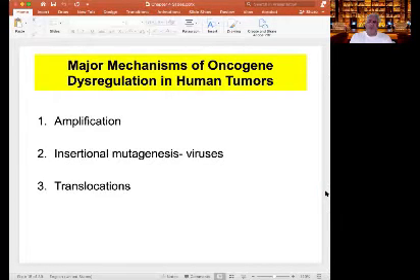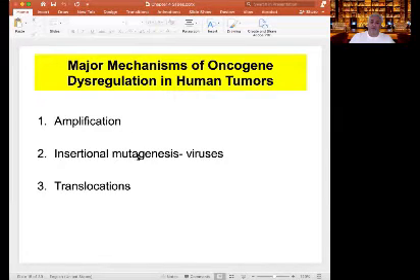So now that we know something about the difference between normal proto-oncogenes and cancer-causing oncogenes, what are the major mechanisms by which the final product of these genes could be disruptive to a cell? Well, as you can see here, there's three main mechanisms. Amplification, when the number of copies of that gene or its product becomes increased.